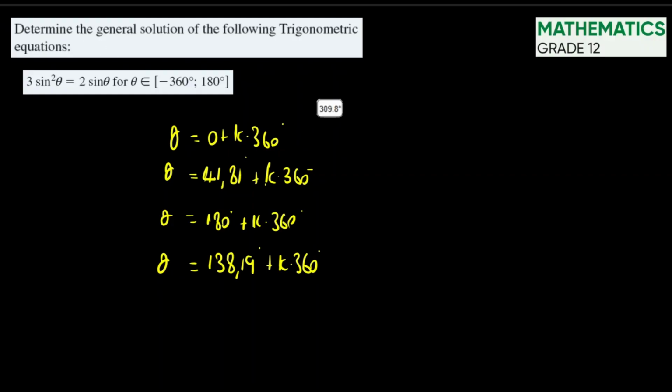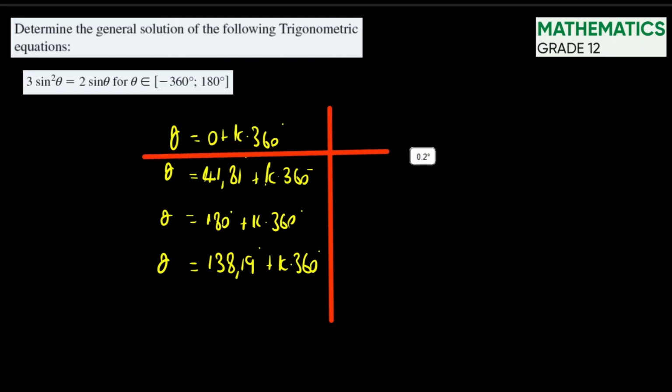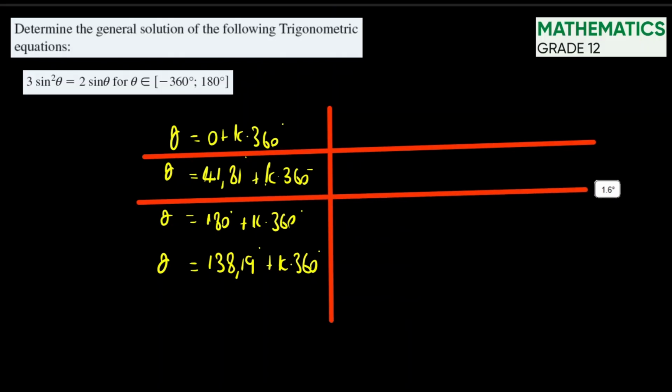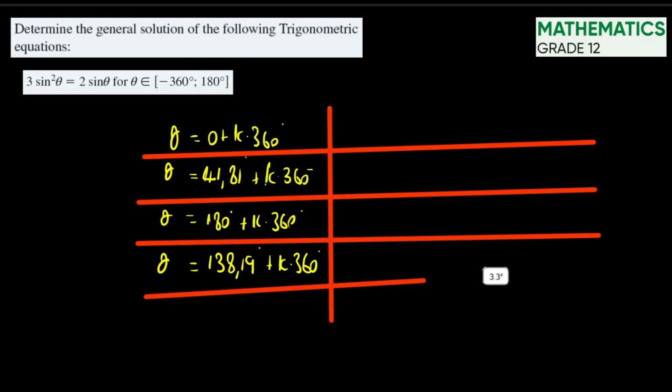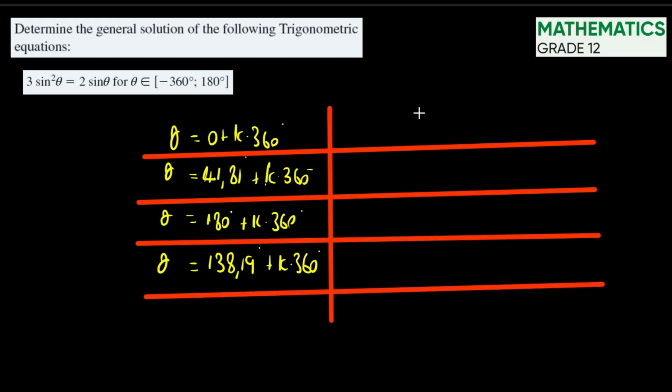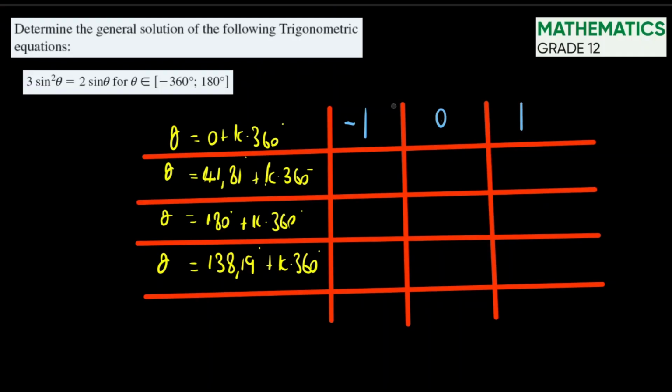So what we need to do here is construct a small table, just to have all the solutions that lie in between our interval. To make things easy, always use -1, 0, and 1 to give you all the solutions you want.